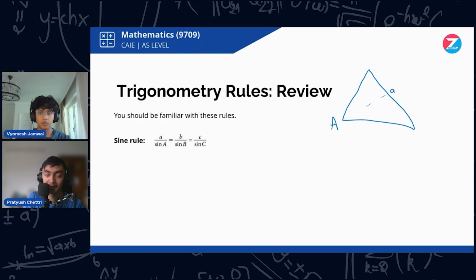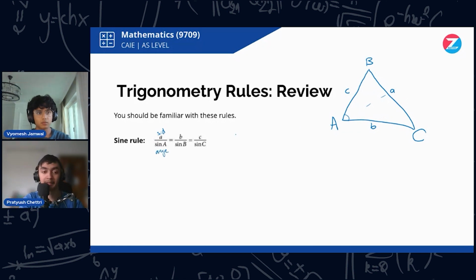So big A, angles with vertices are with big letters. And let's call that side b, angle B, side c, angle C. The idea is the ratio of sine of this angle to the length of this side a, side to angle sine, the ratio is constant.